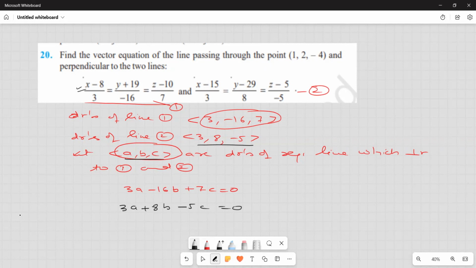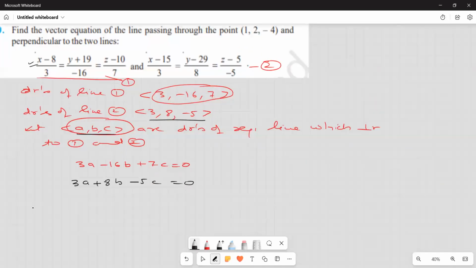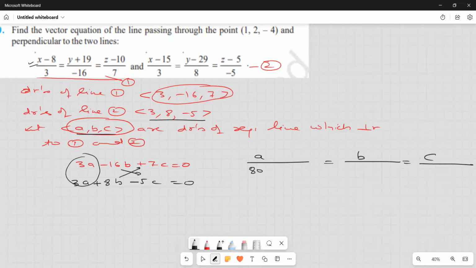Now let us solve it for a, b, c by the cross multiplication method. a upon, b upon, c upon. So what do we do? When we find a, we cover this and multiply these two: this into this minus this into this. So minus 16 into minus 5 is 80, minus 8 into 7, 56.